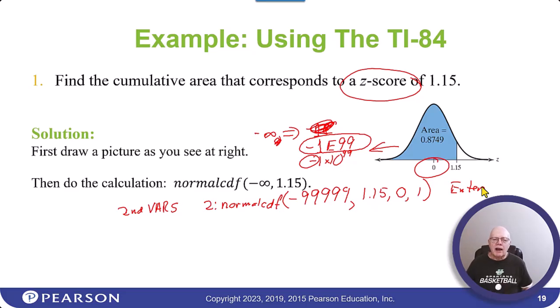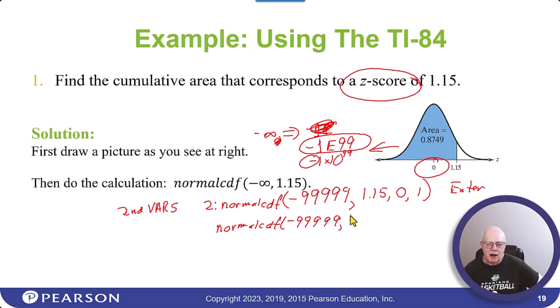Now, one other thing I need to tell you, because someone else might do it differently, or you might accidentally do it differently and get the right answer. If, when you're doing this, you go to Normal CDF, if you happen to put negative 99999 like me, because it's easy to type, and you put that upper bound as 1.15, what if you forget to put in the 0 and the 1?